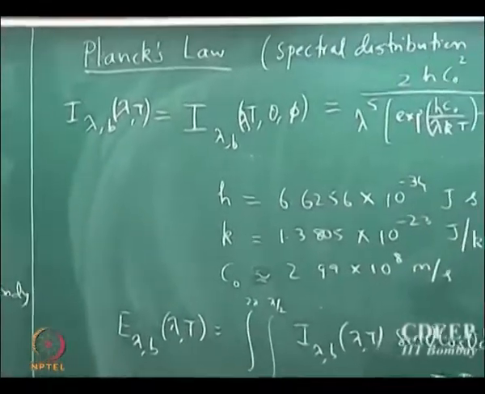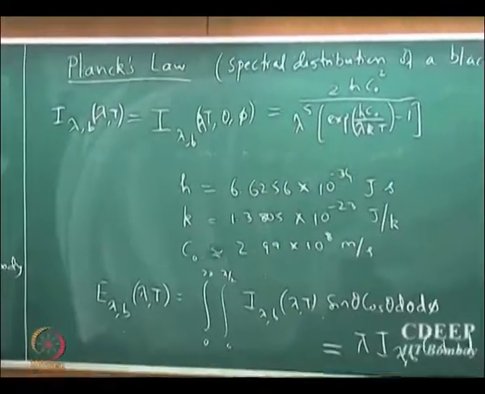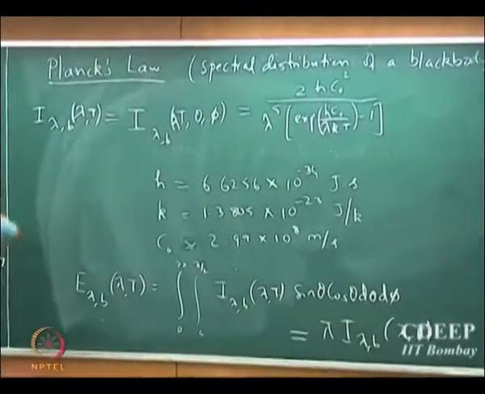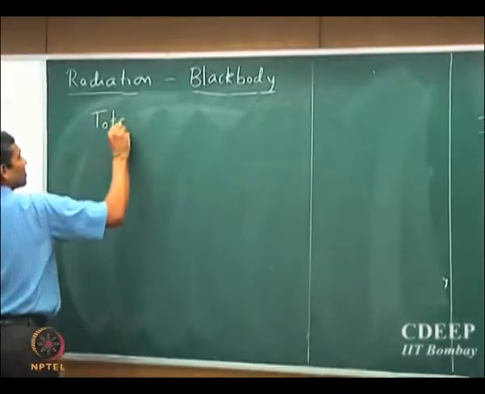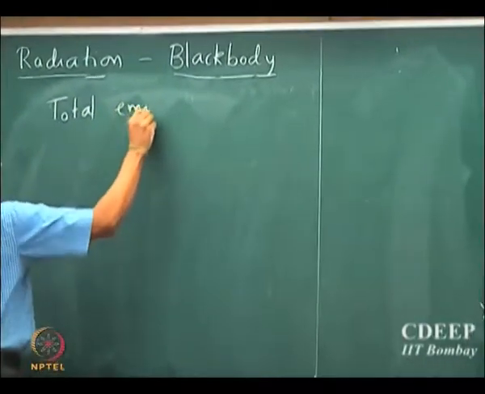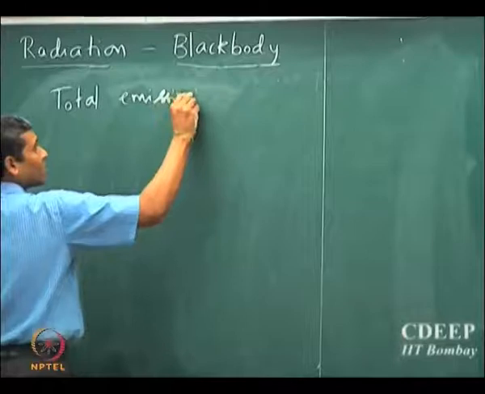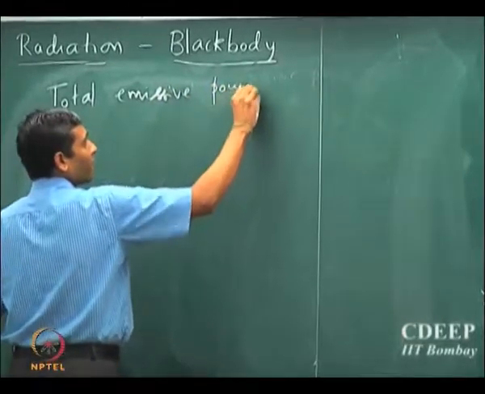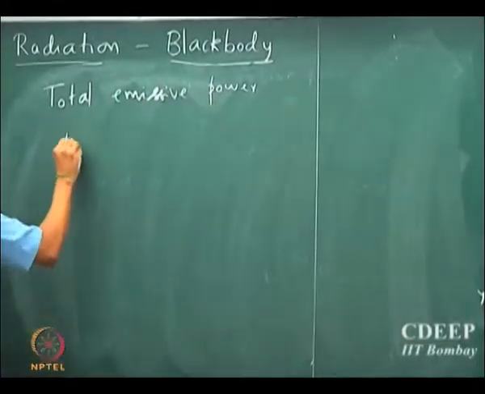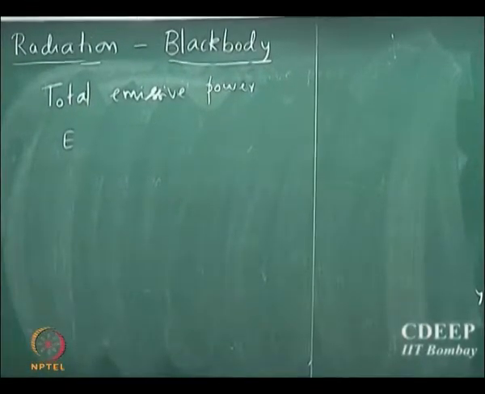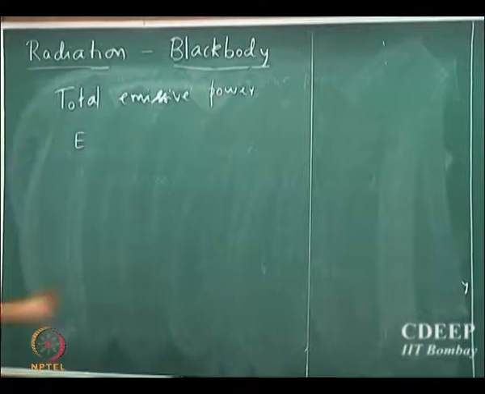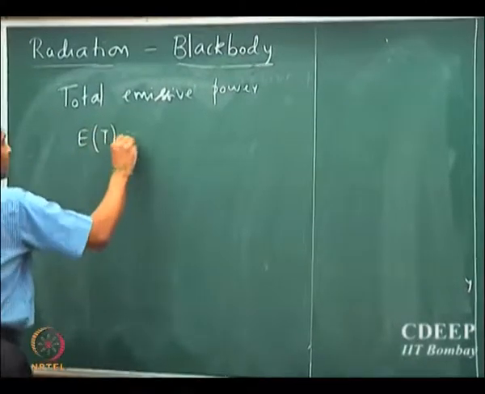Now let us find what is the total emissive power. Total emissive power of a black body. That is given by E, which is only a function of temperature, because we are now going to integrate over all wavelengths. So that will be a function of temperature.